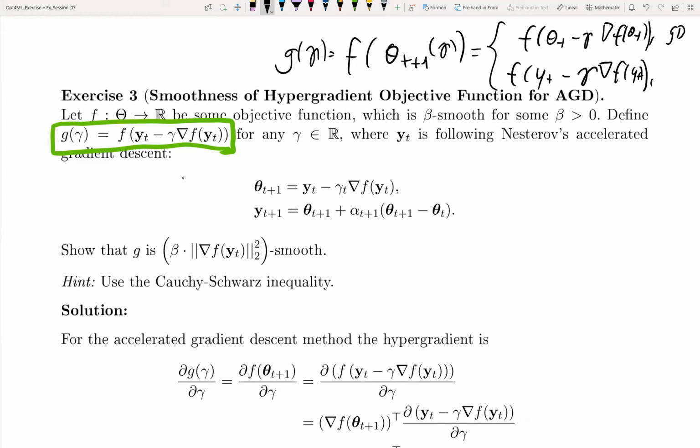But the overall structure is quite simple, similar. So you want to every time optimize the objective value function with respect to the step size when you do an iteration. This is the overall idea of the hypergradient.